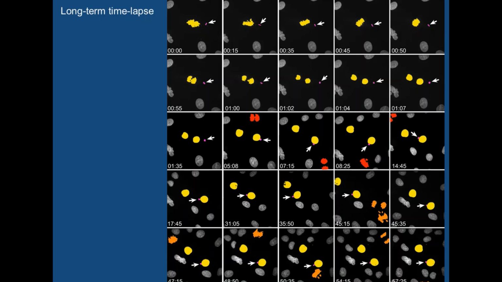And this cell will then arrest over the period that would encompass 2 or 3 complete cell cycles. We can watch neighboring cells as they continue to divide in these movies. So those are the red and orange cells that you see, allowing us to see that the conditions are permissive for proliferation, but our particular cell is not able to do that.